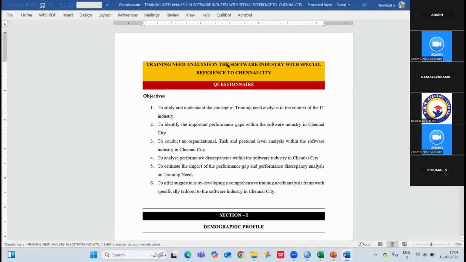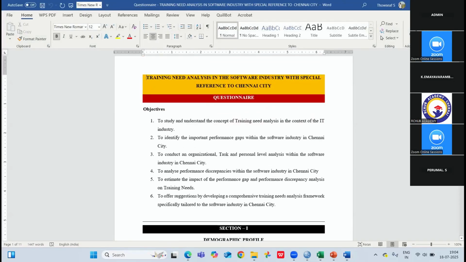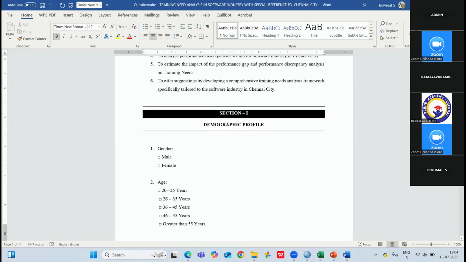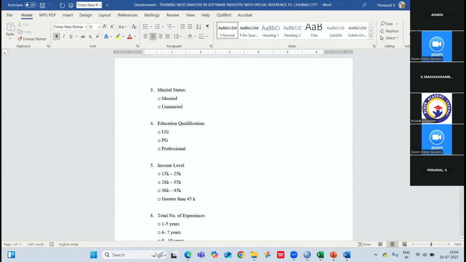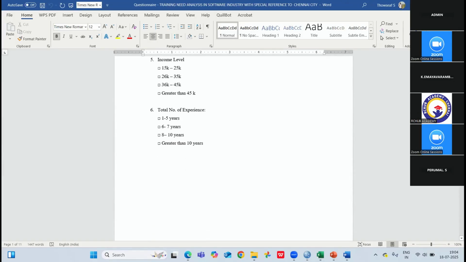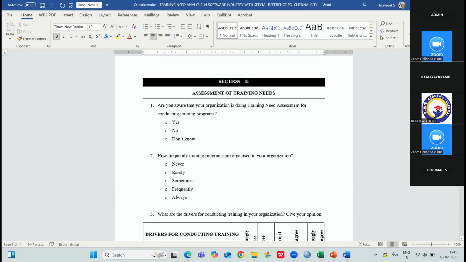His study was about training need analysis in the software industry. He wanted to know how a software industry will understand whether there is a need for training. For that he framed a questionnaire and asked different segments of employees working in the software industry. First, he asked the demographic questions, that is, gender, age, marital status, educational qualification, and total years of experience. All these things he has asked.